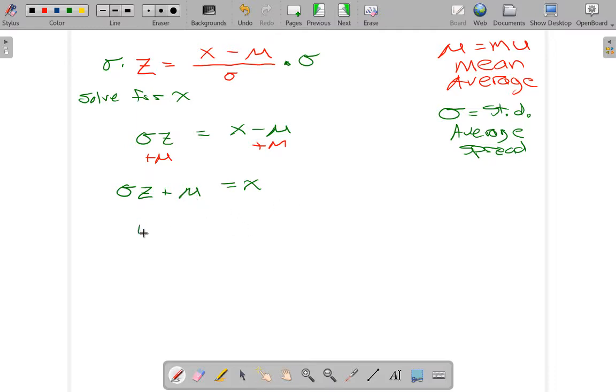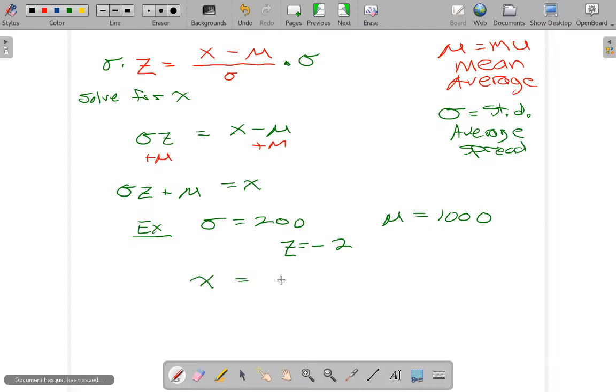So example, just to test that out based on my graph over there, if the standard deviation is 200 and the average is 1,000, and somebody has a z-score of, let's say, -2, then this formula says their actual score would be 200 times -2 plus the mean, 1,000.